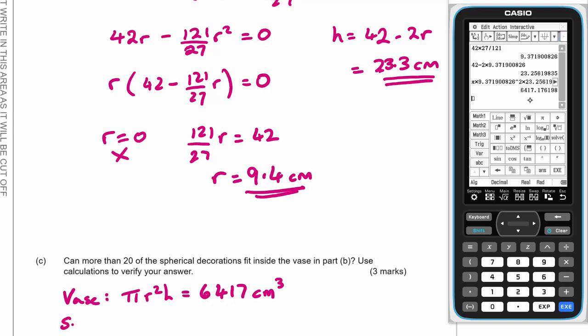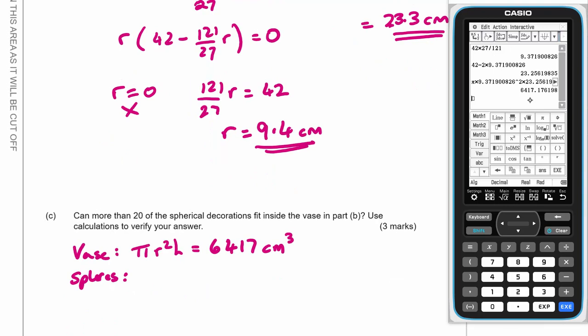And if we think about the spheres, there's 20 of those, and it's going to be 4/3 times pi times r over 3 cubed.